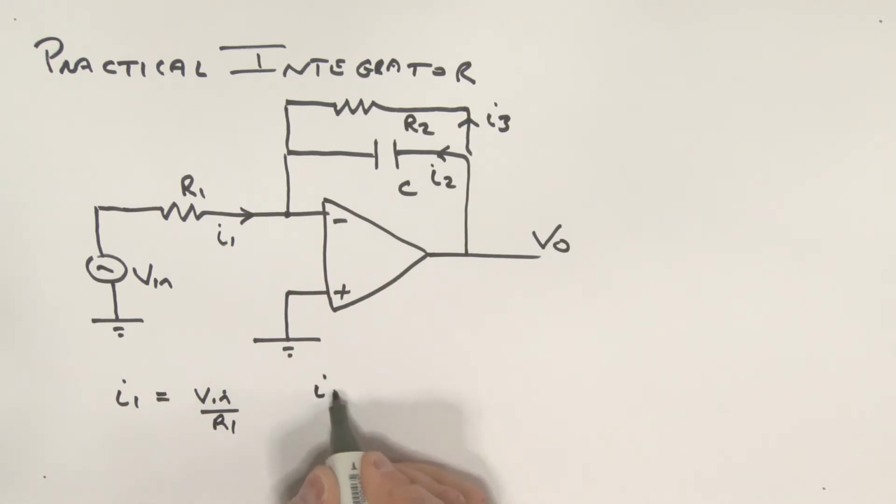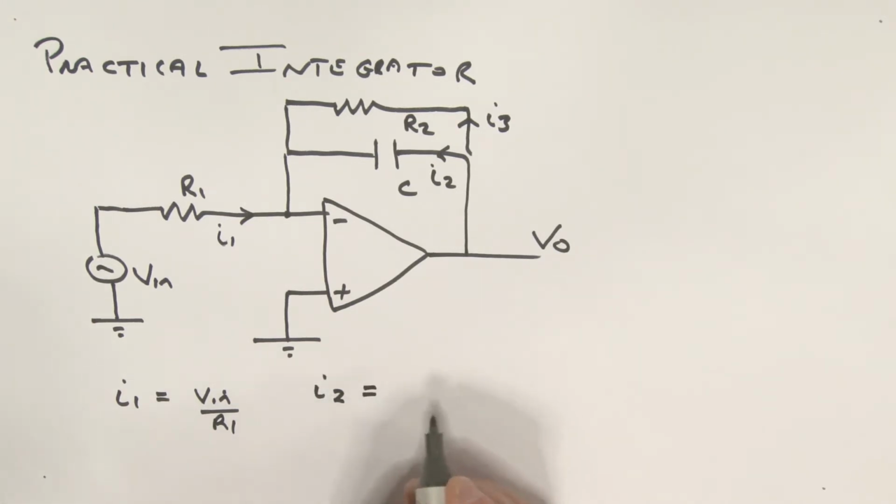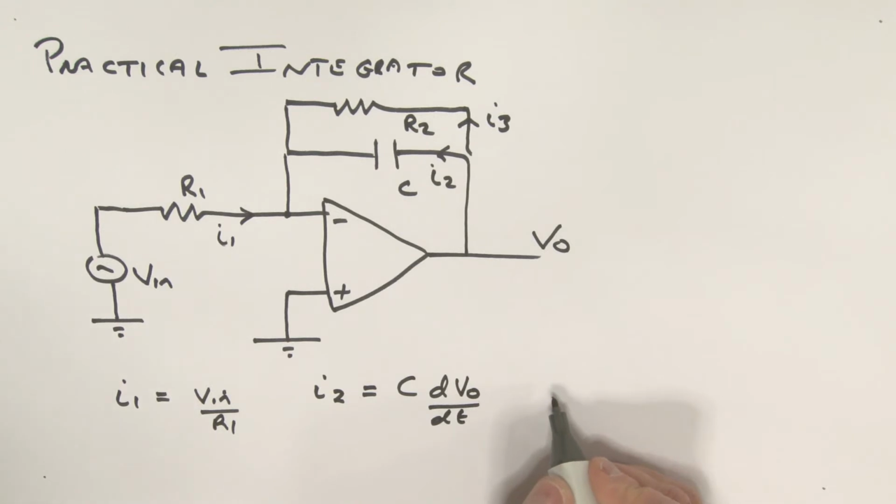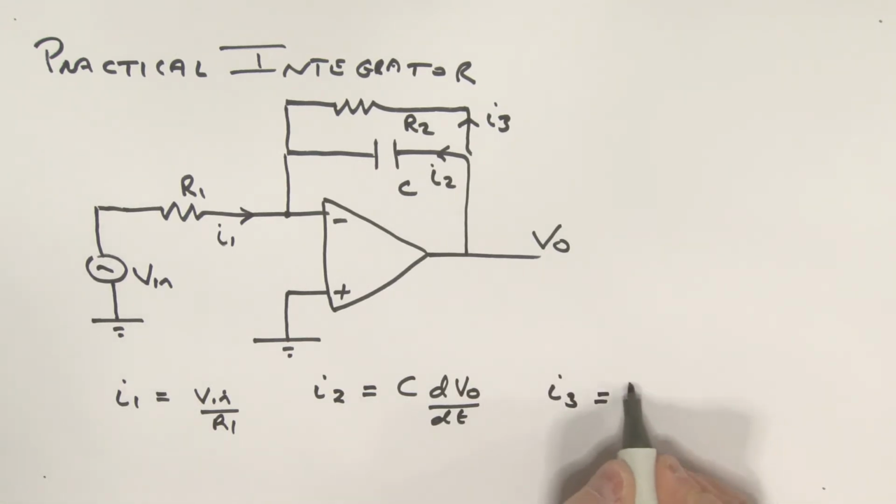The current I2, well, that's the current in the capacitor, just as before. This is C dVO by dt. And then, of course, the current I3 over here is going to be equal to this output voltage, VO, divided by the resistance R2. What else do we know here?